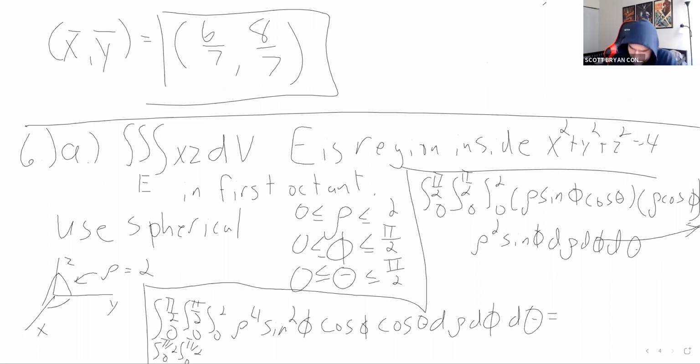Yep, okay, yeah. So we should get 32 over 15 in the end. Don't want to spend ages evaluating that. So 6A was the only one you wanted to look at for number 6?